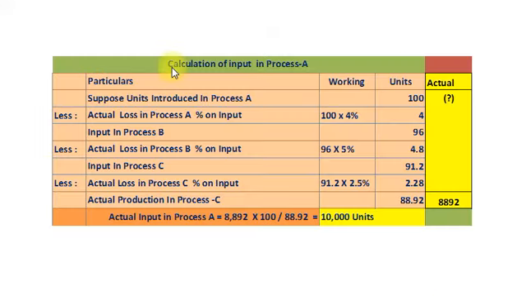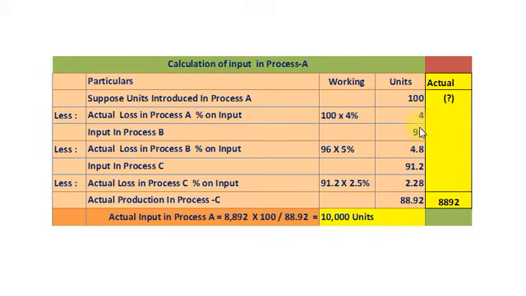Here is the calculation of input in process A. Suppose units introduced in process A is 100. Actual it is not available, that is missing. Now from this input material we will deduct actual loss in process A, that is percentage on input 4% in process A. So 4% of 100 units, it is 4 units.